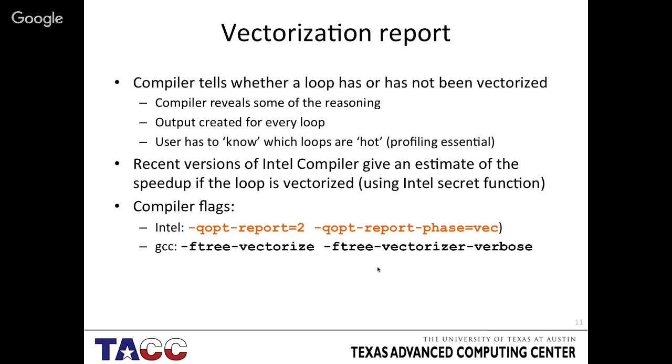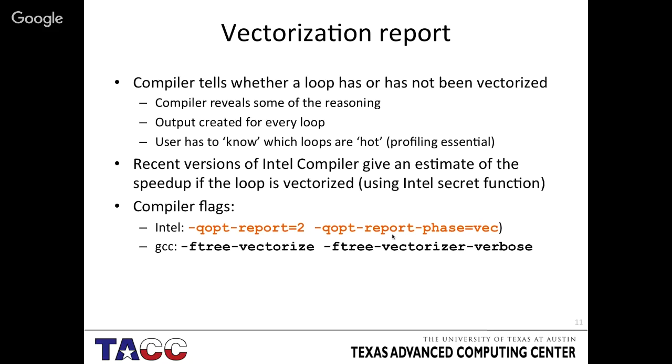So these compiler flags that you have up here aren't specific to OpenMP, correct? No. But what is specific to OpenMP is that OpenMP has SIMD directives that allow you to vectorize something that's not vectorized.